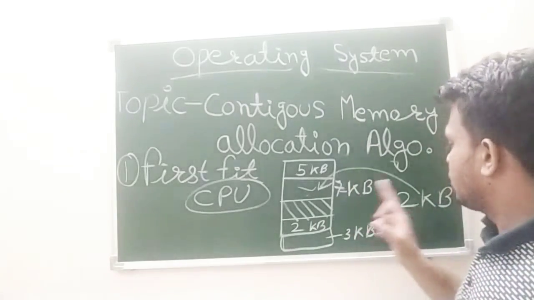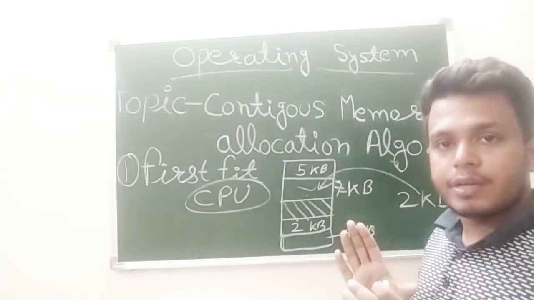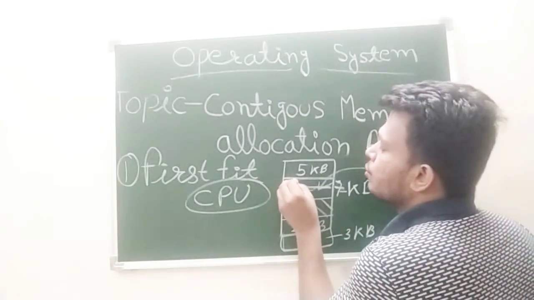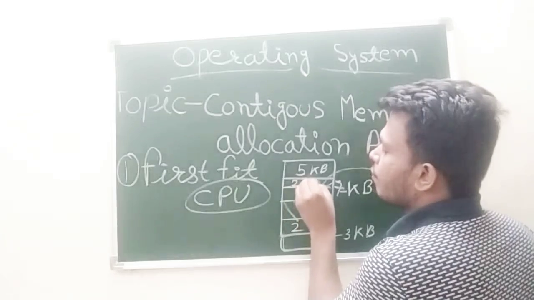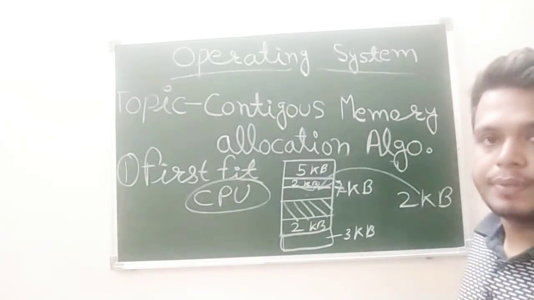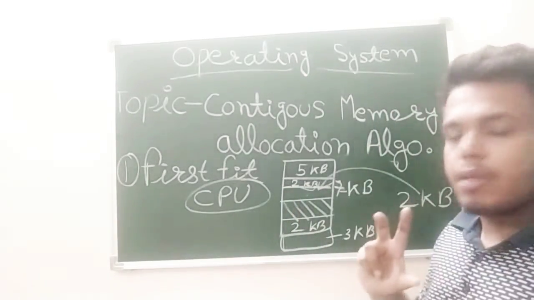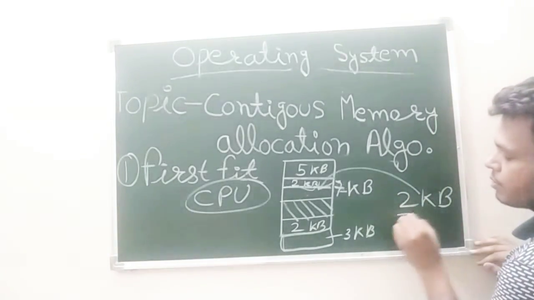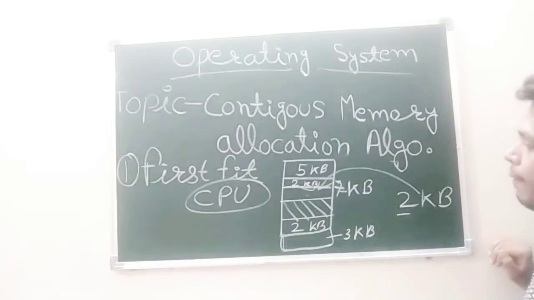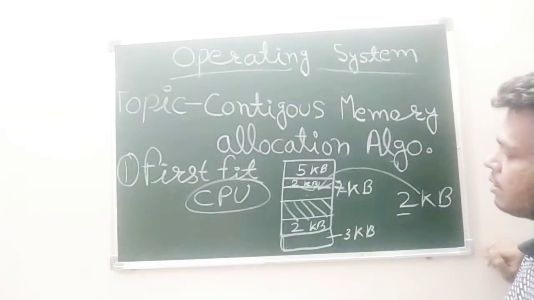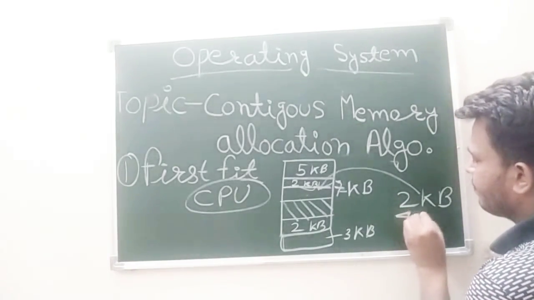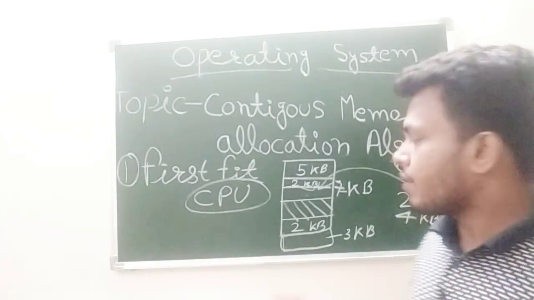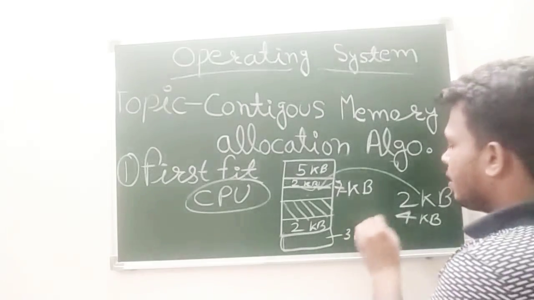Clear? So there is a total of 7 KB space, and we used 2 KB for that particular process. Suppose after this one more process comes with 4 KB.